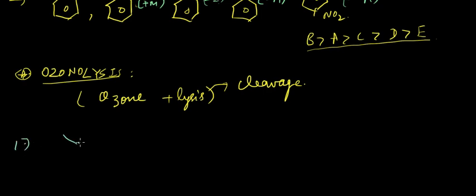So suppose we have a structure like this, and this is undergoing ozonolysis. Don't worry too much about the zinc here, because zinc is just used for the presence, and actually ozonolysis happens in the presence of zinc metal, so it is just used for that purpose, nothing more.